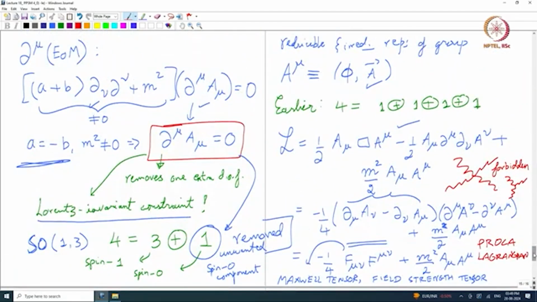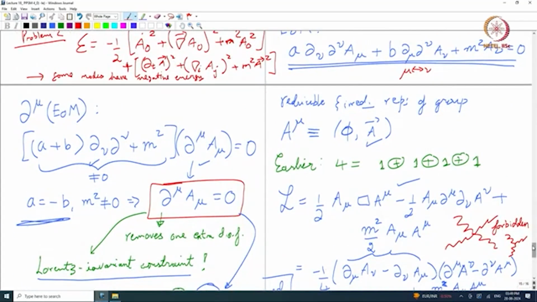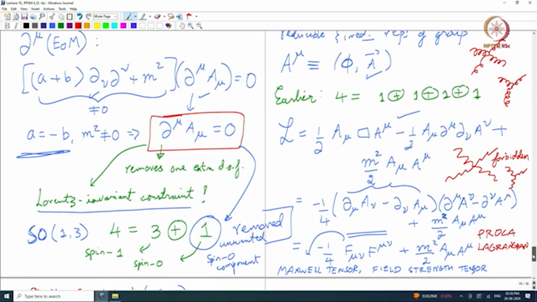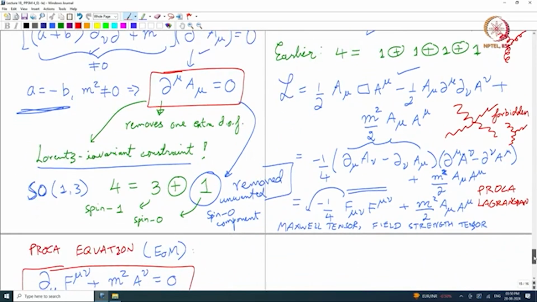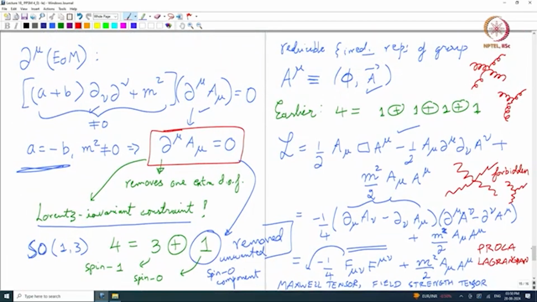Now let me just add one more thing. When we get to gluons, I had said that for gluons this was allowed and the 3 gluon vertex was also allowed, right? We will see that for gluons we don't write the field strength tensor this way. The field strength tensor here was just ∂_μ A_ν minus ∂_ν A_μ. There will be extra terms in the field strength tensor.